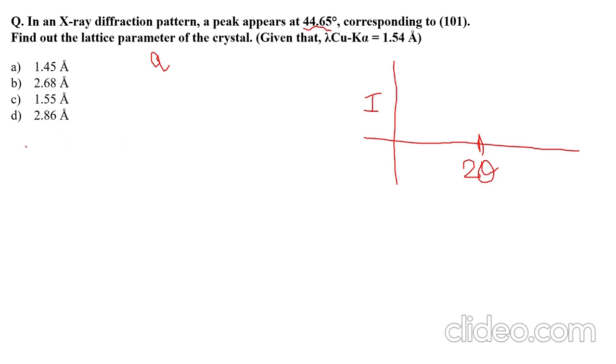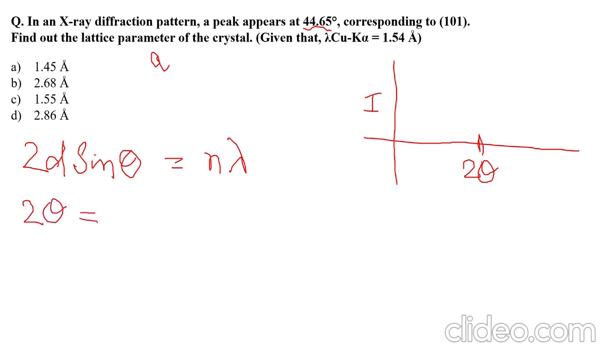So according to Bragg's law, we know 2d sine theta is equal to n lambda, right? So here the peak will appear at 44.65. So remember, this is the 2 theta angle. This is not a theta angle but 2 theta.